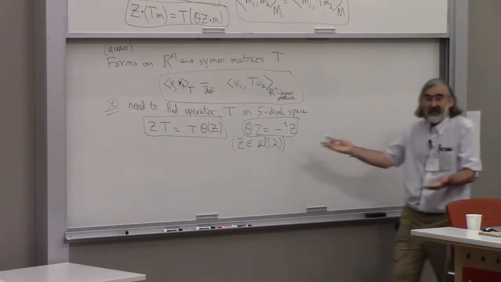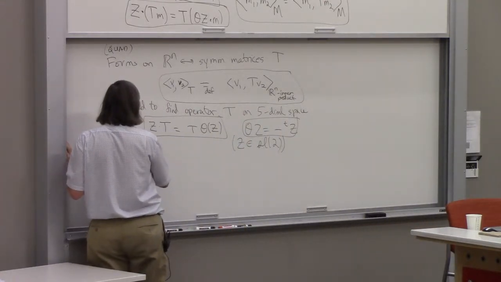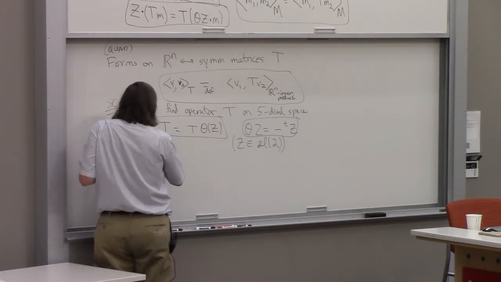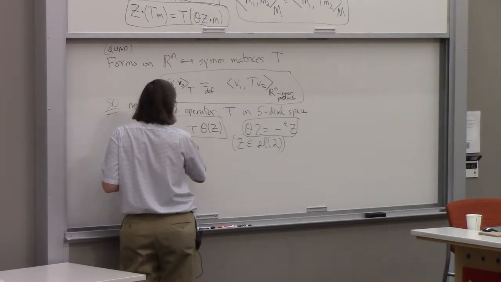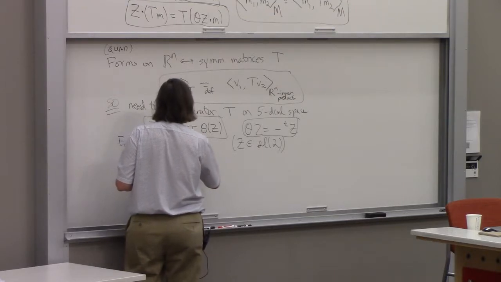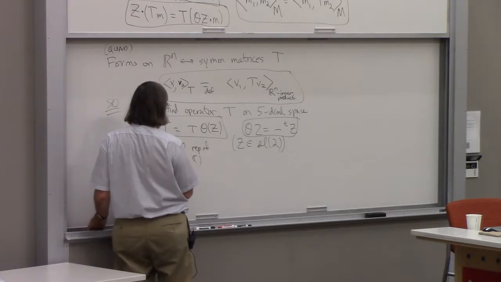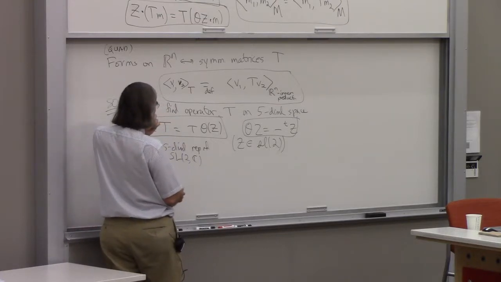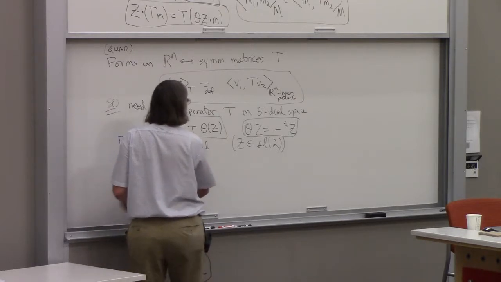And this is easy to do. What you do is, let me write pi is this representation of SL2C, and I'm going to take T to be pi of the matrix 0, 1, minus 1, 0.